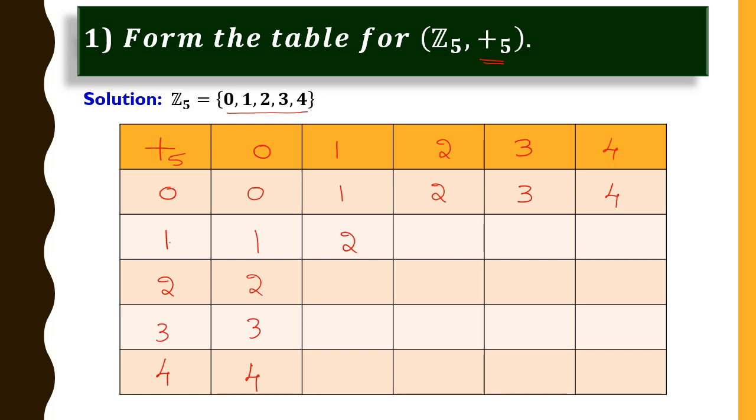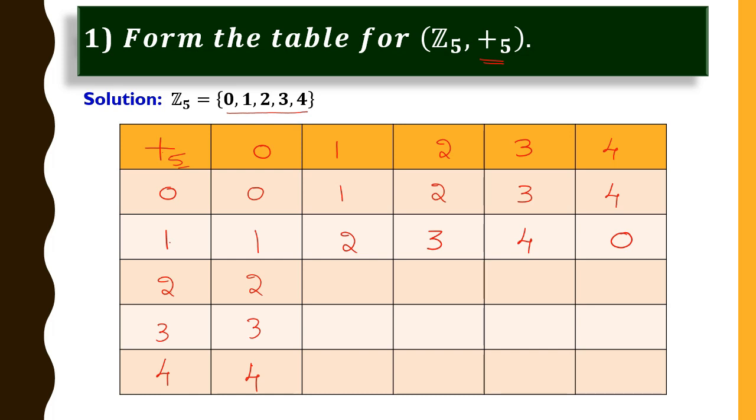Next, 1 plus 2 is 3. 1 plus 3 is 4. Next, 1 plus 4, that is 5. But don't write 5. So 5, when we divide 5 by 5, the remainder is 0. Okay, if you get the number 5 or greater than 5, you should divide that by 5 and you write the remainder.